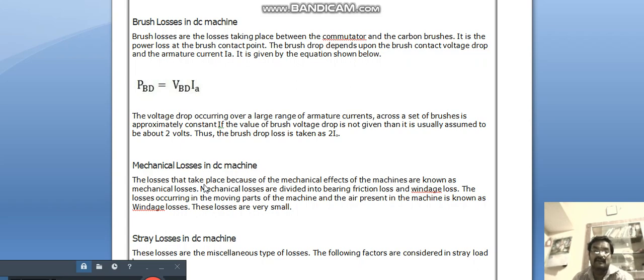Windage loss is due to the wind entering the motor, and it will affect the speed of the motor. The losses occurring in the moving parts of the machine and the air present in the machine are known as windage losses. These losses are very small.